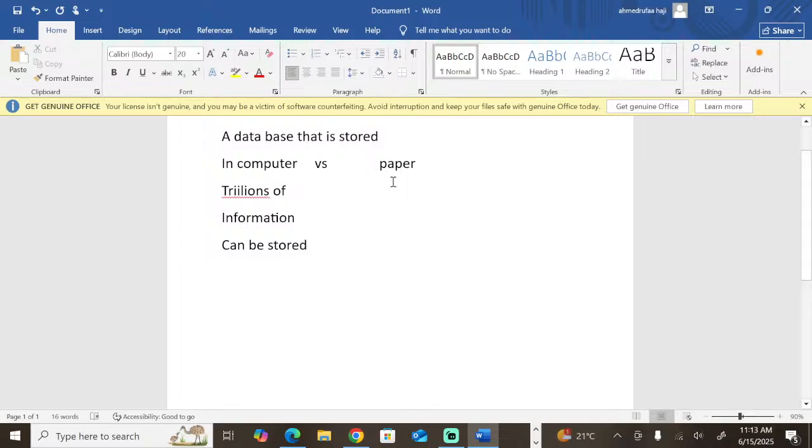All right. Let's say on a paper, on the other hand, 10 to 20 pieces of information can be stored.